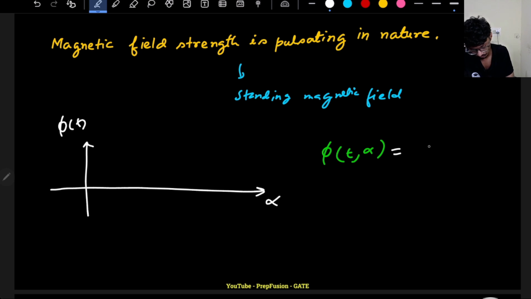So it will be proportional to phi m of sine omega t into cos of alpha. Okay, phi m of sine omega t into cos of alpha.